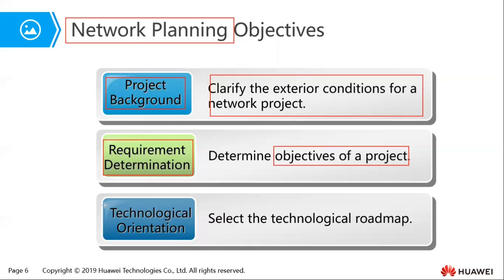And also you need to understand at this stage the technological orientation. Remember, this is not technological design, but orientation. So here you just want to select a technological roadmap. Here you're trying to understand really the customer's technological inclination, major concerns, and any taboos, if any.